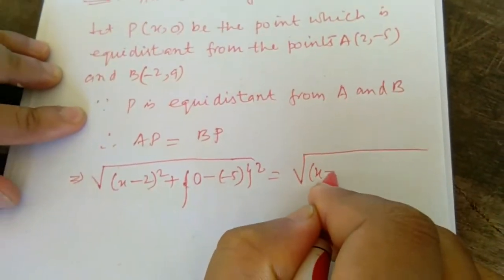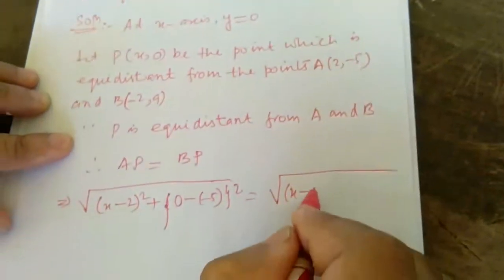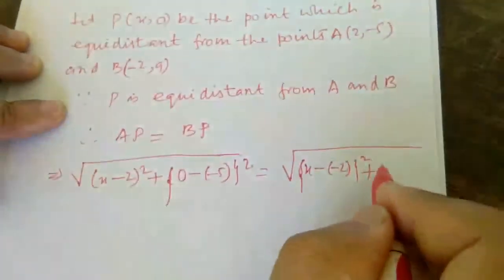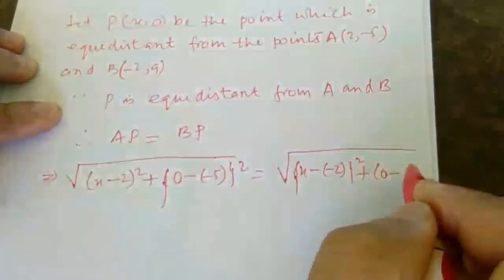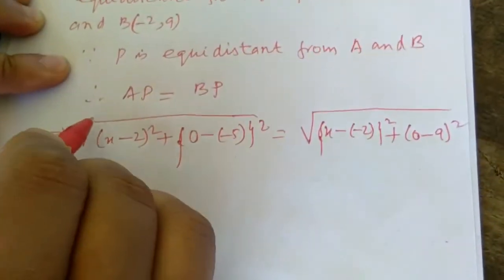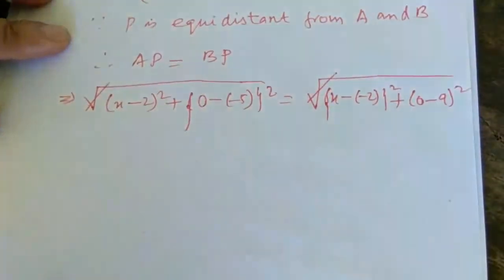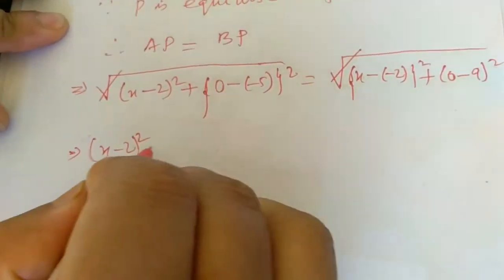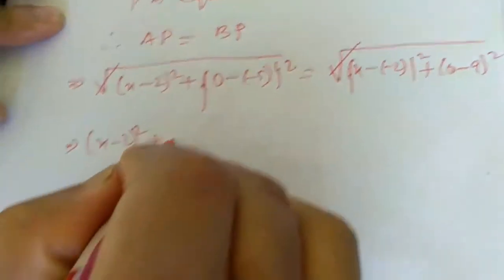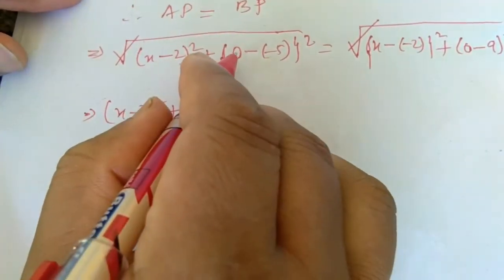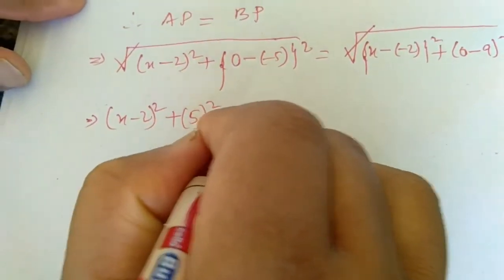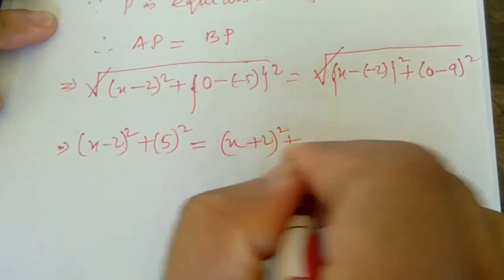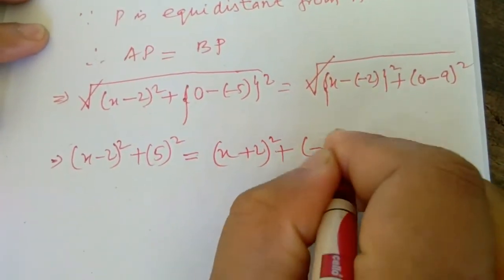Formula: x2 minus x1, x1 here is -2, so x minus (-2) whole square, plus y2 means 0 minus y1, which is 9, whole square. Okay, square root from both sides we can cancel, so (x minus 2) whole square remains, plus minus into minus plus, 5 whole square. This 0 is meaningless, we don't write it. Equal to (x plus 2) whole square, and 0 is meaningless, we don't write it, it is -9 whole square.